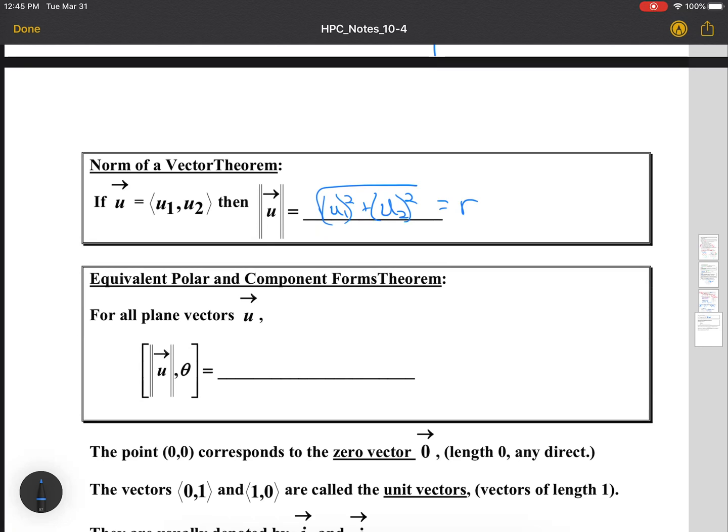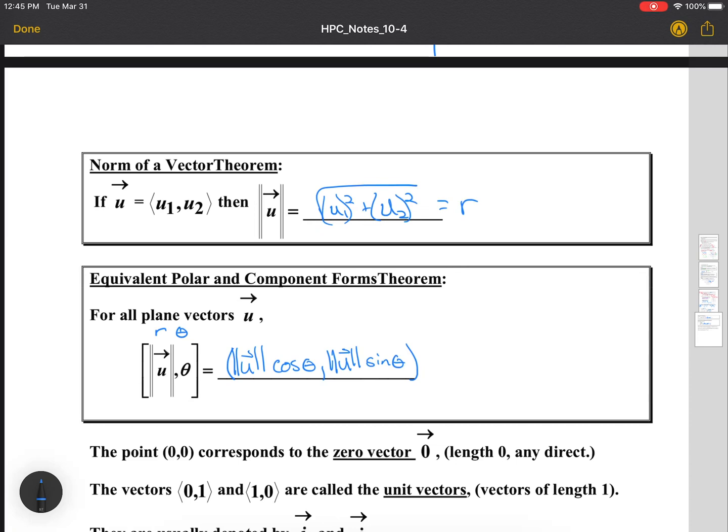Equivalent polar and component forms theorem. For all plane vectors u, when you have the norm of the vector, this is just our polar form. That's the same thing as r theta. They wrote it in just a different way. It still equals the norm of u times cosine theta, sine theta.